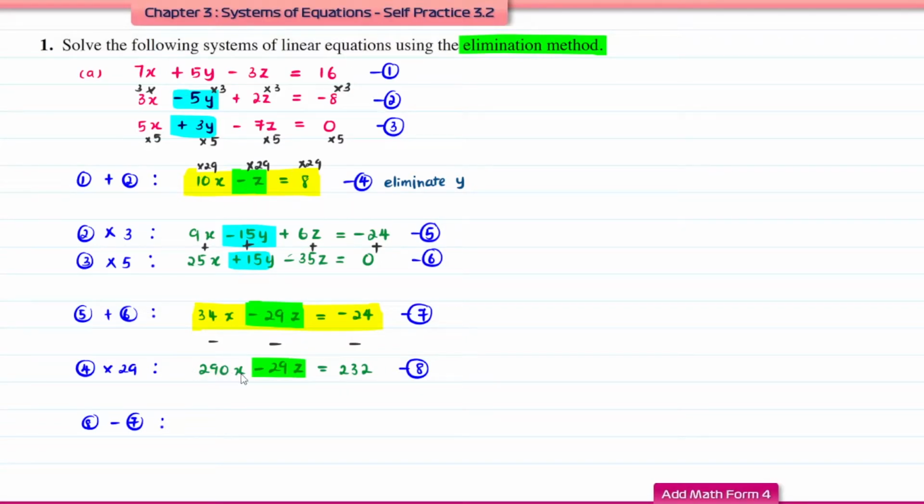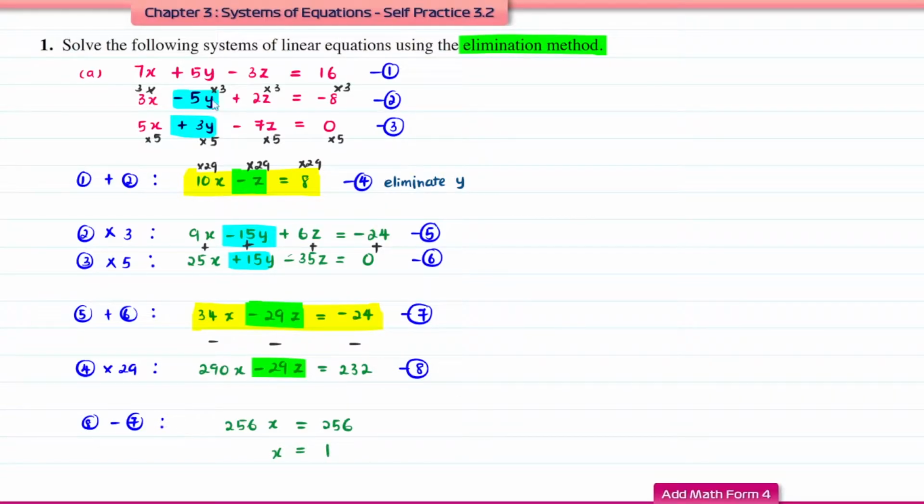So 290x minus 34x is equal to 256x, and z has been eliminated. 232 minus negative 24, minus minus becomes a plus, so you're going to have 256 as well. So x is equal to 256 divided by 256, which is equal to 1.